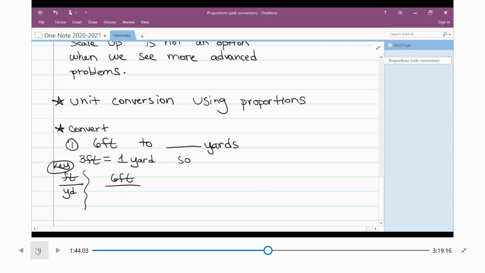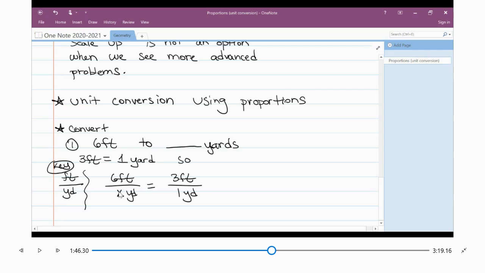So you're going to see that right now. So I'm putting the feet quantity, 6 feet. I don't know yet how many yards that is, so I'm going to call it x. Now on the other side, okay, what I'm going to have is my 3 feet is the same as 1 yard right there. Okay, so 3 feet is equivalent to 1 yard.